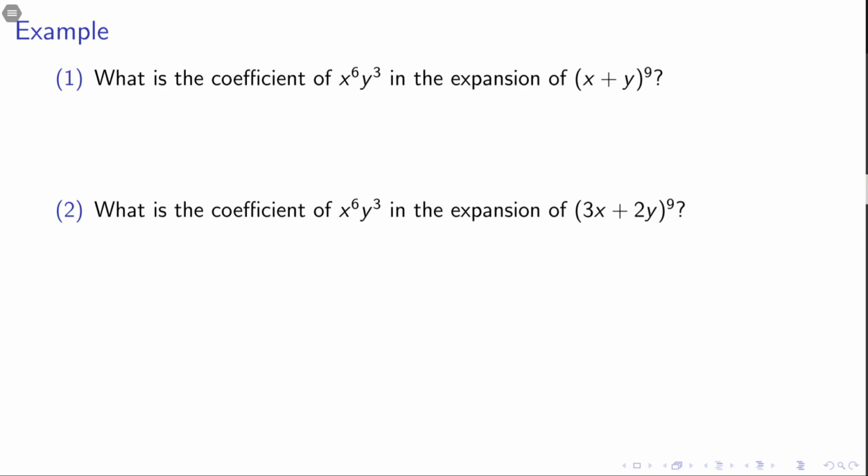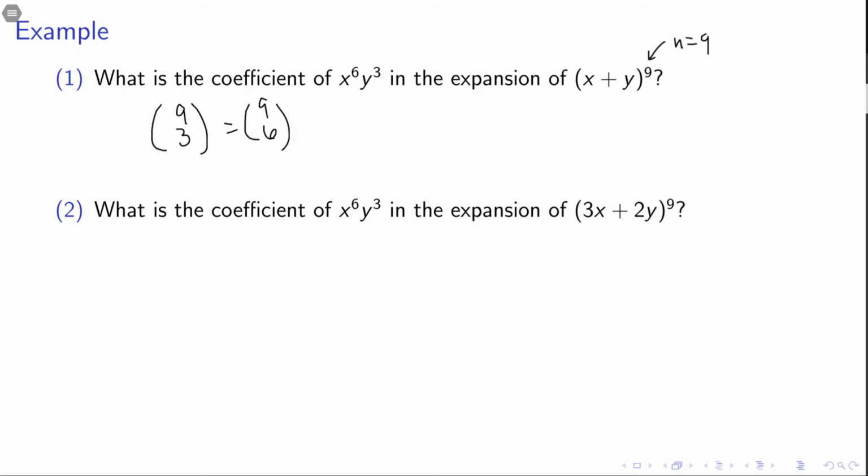Well, the first example here is pretty standard. It's x plus y to the 9th power. Right, so it's n equals 9 here, which is the power of the binomial. And you're looking for the coefficient of x to the 6th times y cubed. And again, from the previous argument, we know that's going to be 9 choose 3 or 9 choose 6.